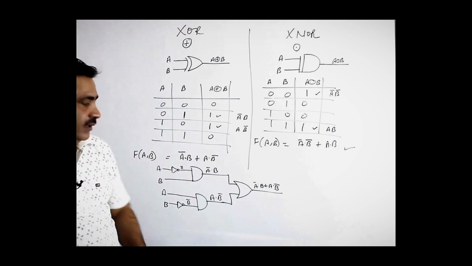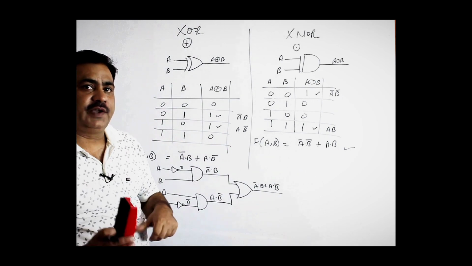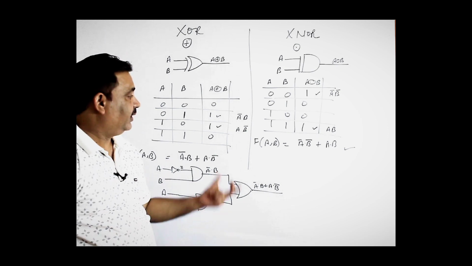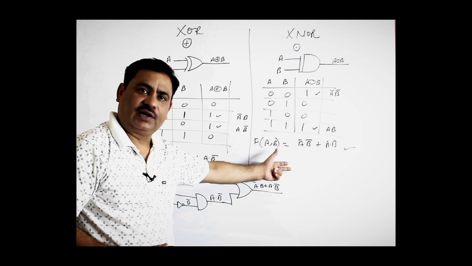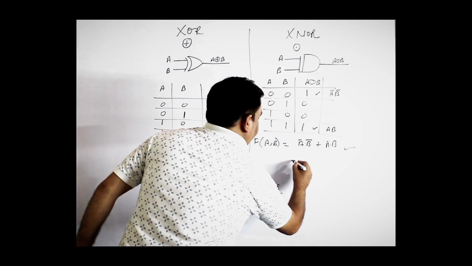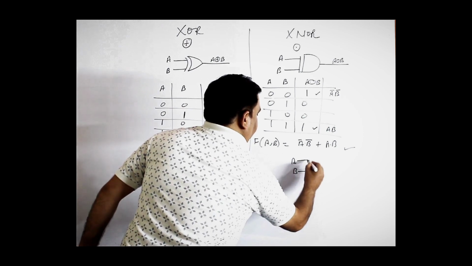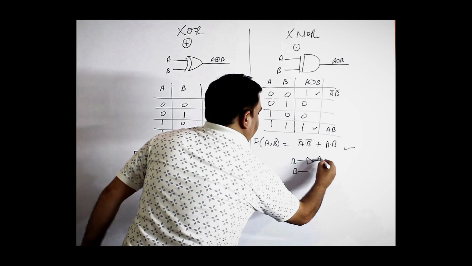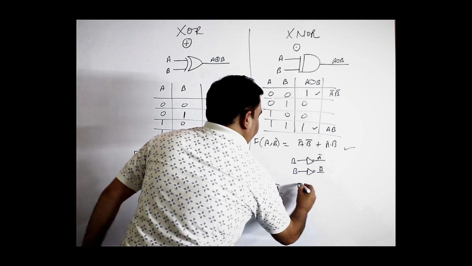Remember one thing, both are complements of each other. When you find the complement of one, you will get the other expression. But before that, you can easily draw the logical circuit diagram. Draw the logical circuit diagram for this expression with inputs A and B, and the complements of both, A complement and B complement.